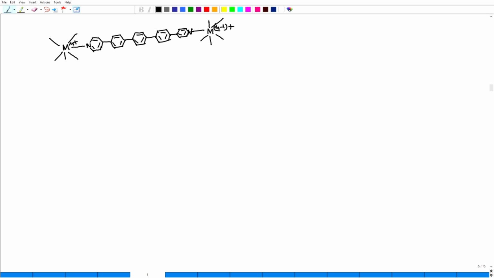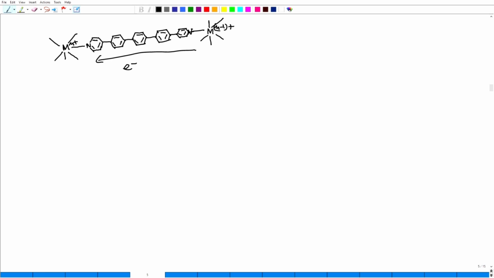I have seen one molecule where you have these porphyrins, 10 of them, going on. So, through this molecular wire, electron will be transferred from here to here. I made a mistake, it will transfer from here to here, this side, because this is a higher oxidation state, this is a lower oxidation state. So, it can go from here to here like that, if I put some more electrons on this side.